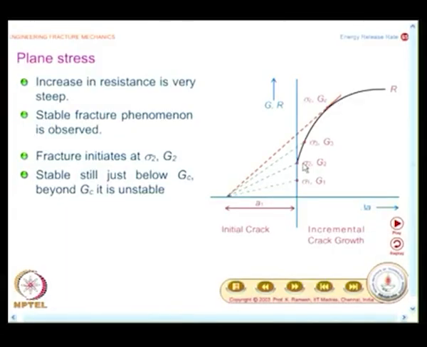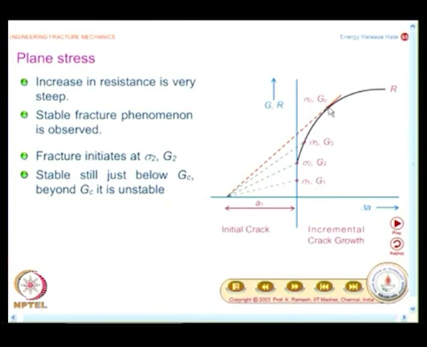When I keep on increasing the load, crack also will increase, crack will not become a catastrophic failure, it will grow incrementally until a stage when I have shown this as a brown line, where sigma c and G c are shown, where the curve is tangential to the R curve.